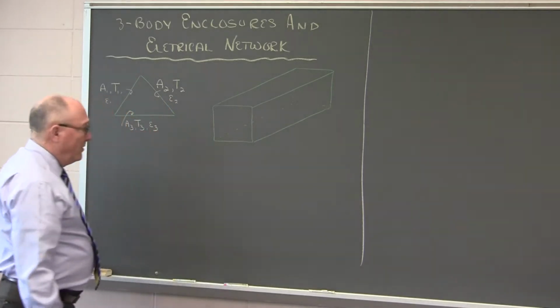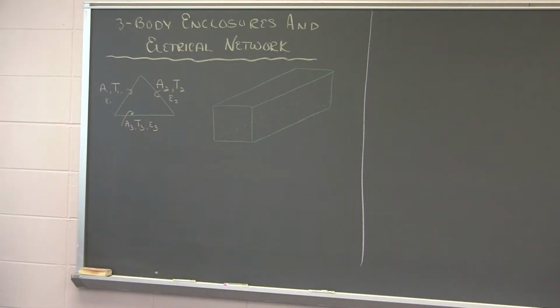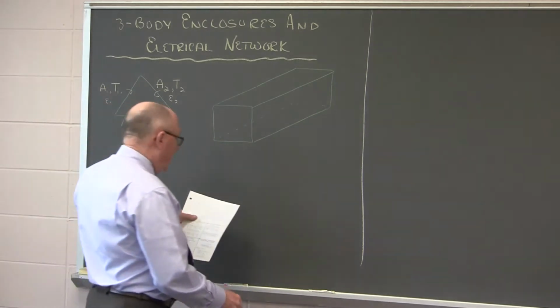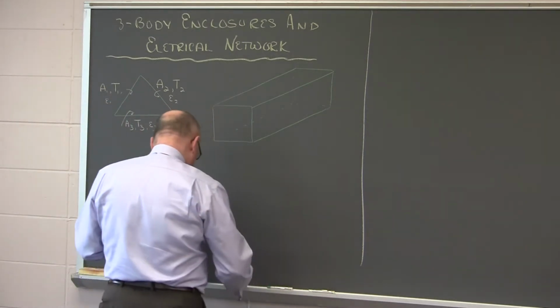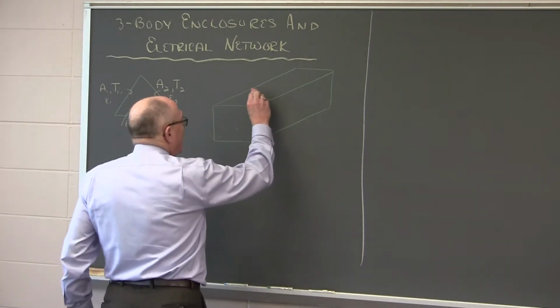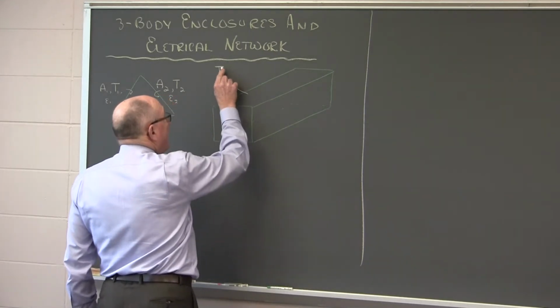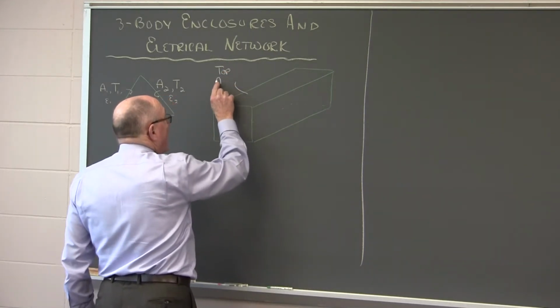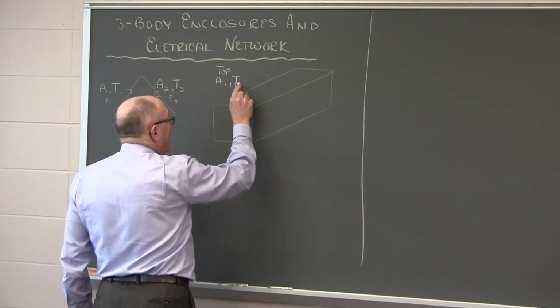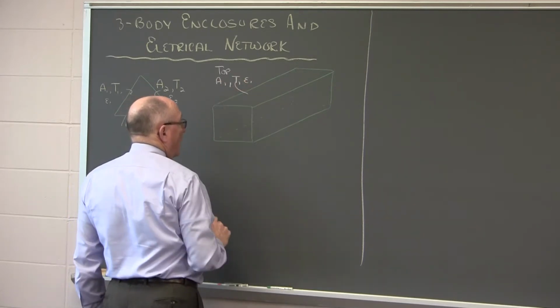You say, well, that's not a three-body enclosure. That is in fact a six-body enclosure. But what we can do is arrange this so that, for example, this could be the top, A1, T1, and epsilon 1.